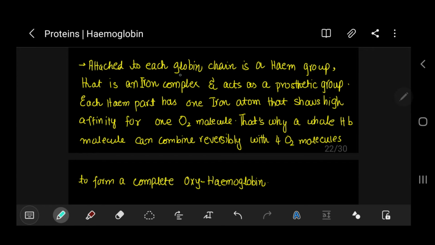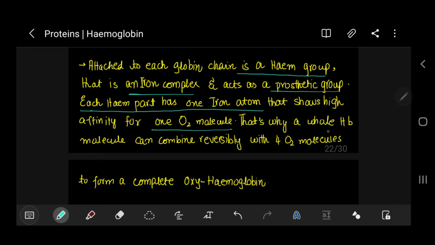Attached to each globin chain is a heme group. And what's a heme group? It's an iron complex and it acts as a prosthetic group. Each heme part has one iron atom that shows high affinity for one O2 molecule.